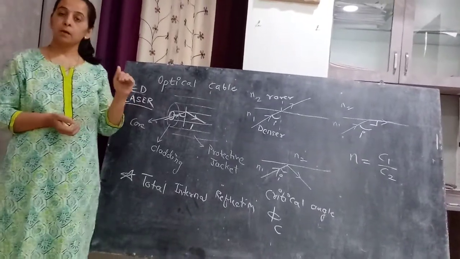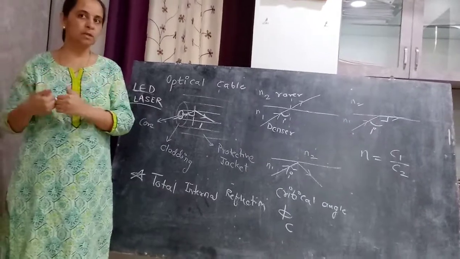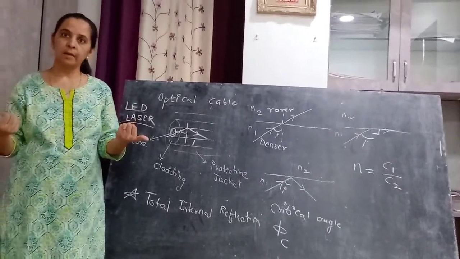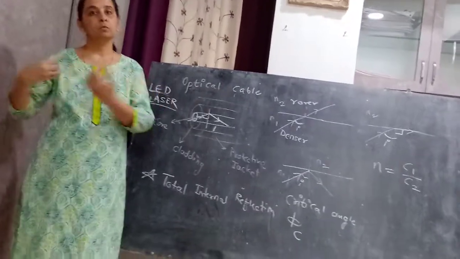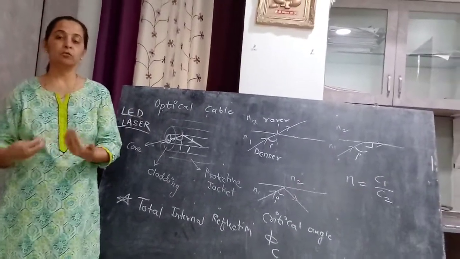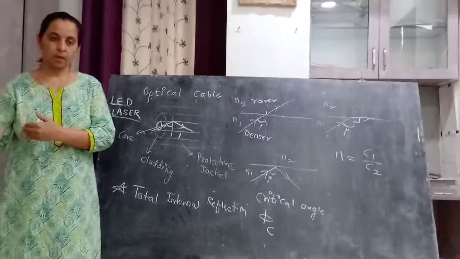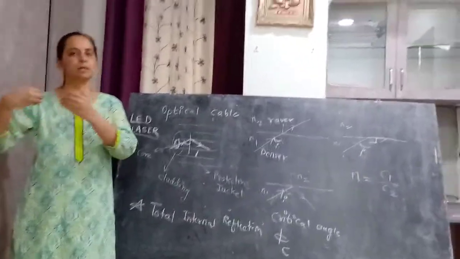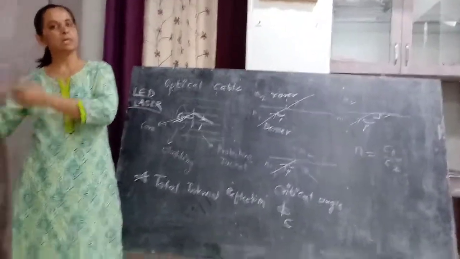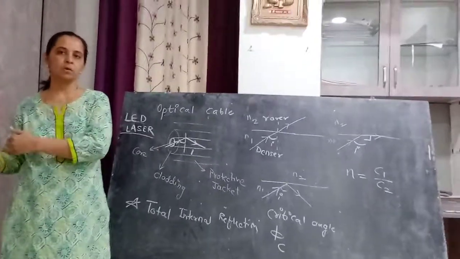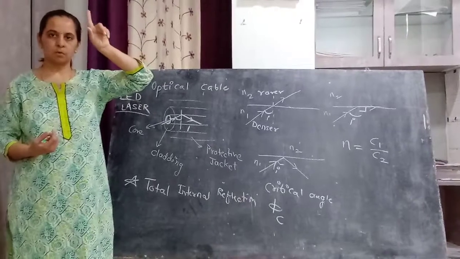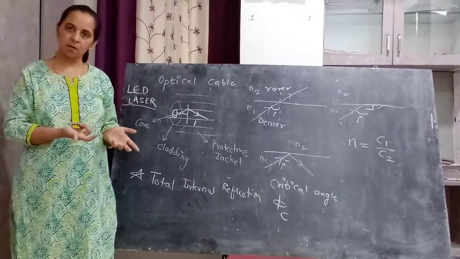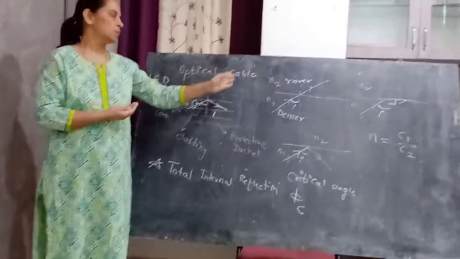Now at the receiver I'll receive the light, but my information signal is not light. My information signal is my voice. So I need to demodulate it. I need photodetectors, and those photodetectors will give me an electrical signal, and then we'll receive our original signal. So the basic block diagram, whatever we discussed about any communication system, remains the same, only the source and the communication channel are different.